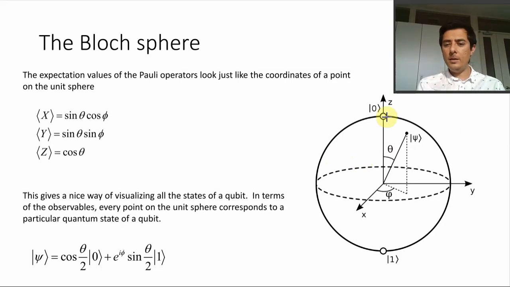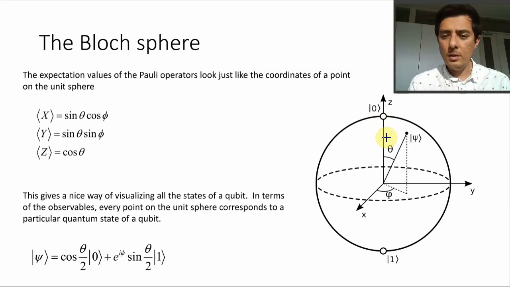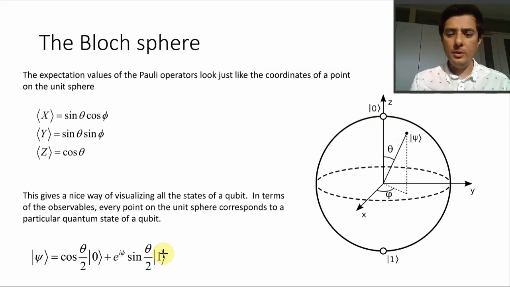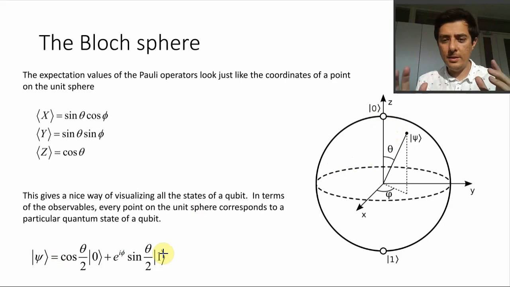So basically, we visualize every state of a qubit to be at a particular location on the sphere. And this is a purely geometric parametrization. There's nothing really in real space here. It's just how we can mentally map the states of a qubit onto a sphere, right?